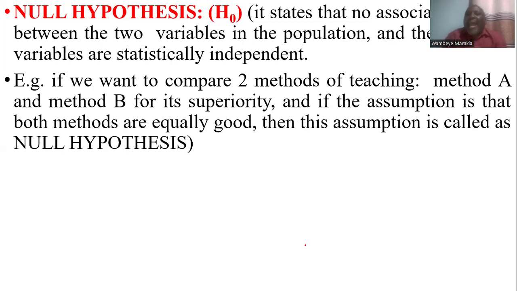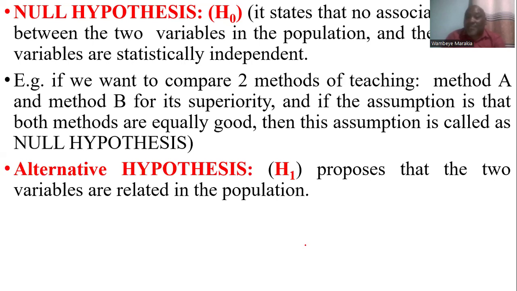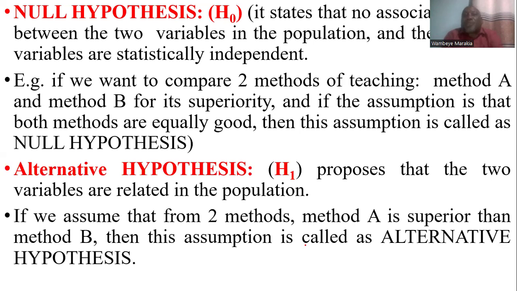Then I have another hypothesis, which is not null. We call it the alternative hypothesis. This hypothesis proposes that the two variables in a population are related in some way. If we consider the example used above, that method A is superior to method B, then this is no longer a null hypothesis but an alternative hypothesis.